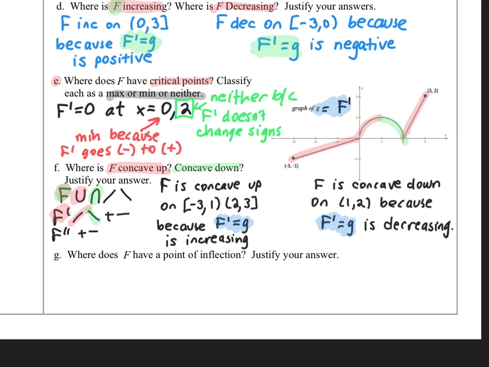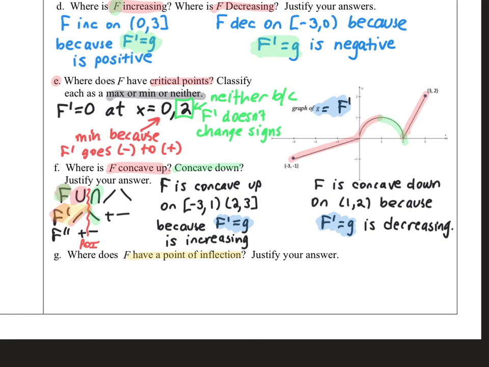In my last part here, I'm asked where f has a point of inflection. Using the fun chart, the point of inflection happens in between this column right here. It's when f goes from concave up to down, where f prime goes increase to decrease or vice versa. Since I'm looking at the f prime graph, I'm going to use this line right here.